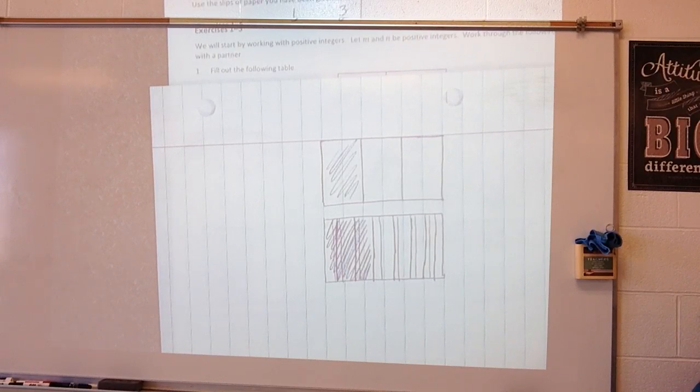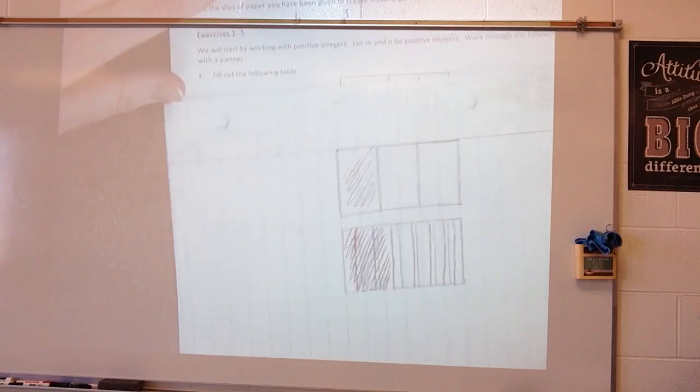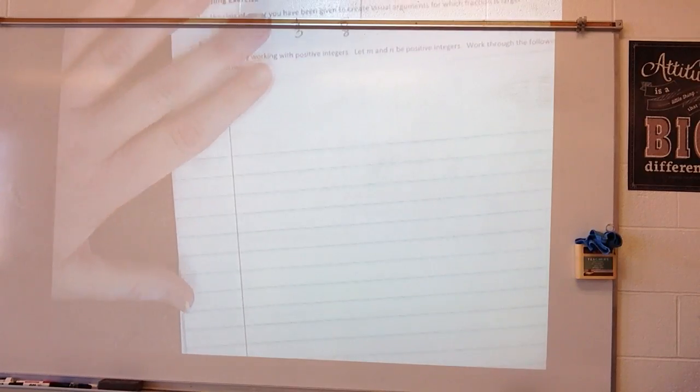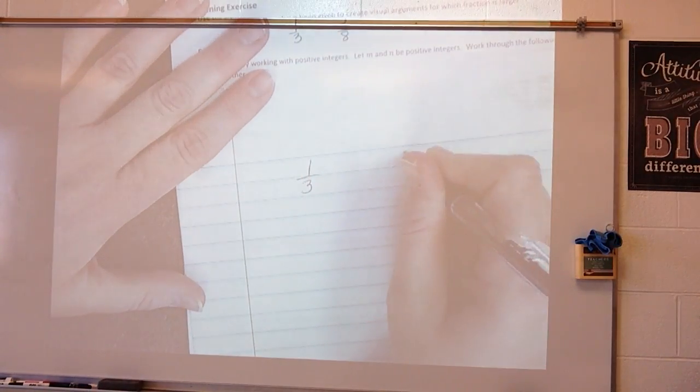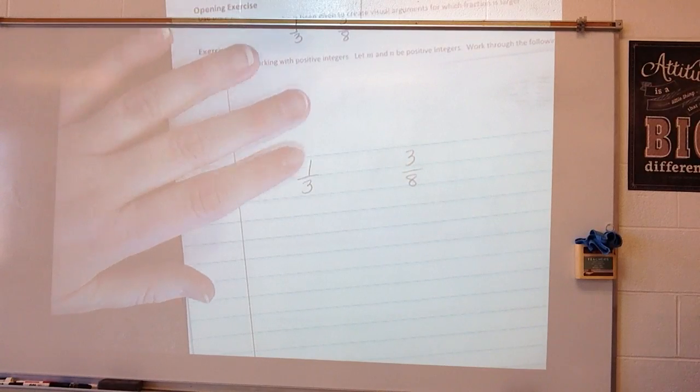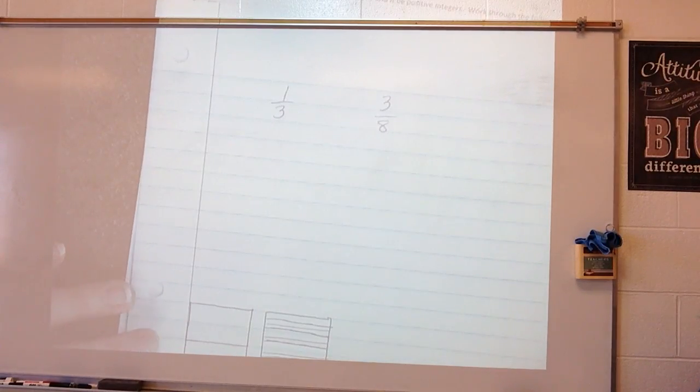All right. So what's another way that I could discuss 1/3 and 3/8, figuring out which one is bigger? Is there a better way instead of drawing an area model? You actually can do decimal equivalents.